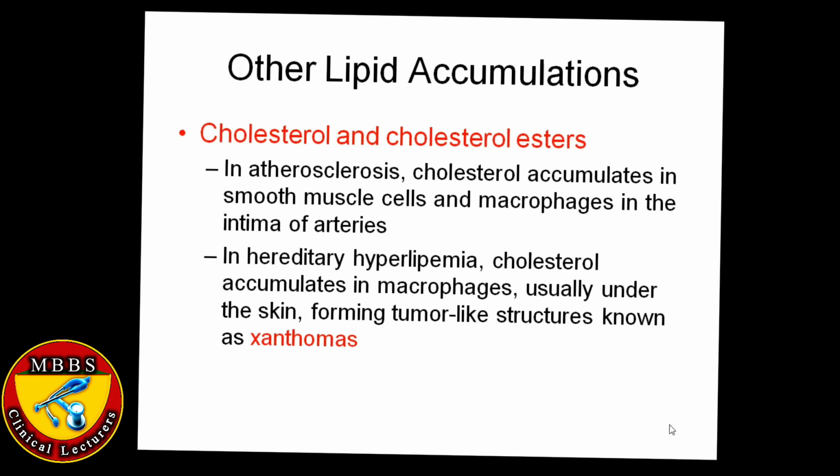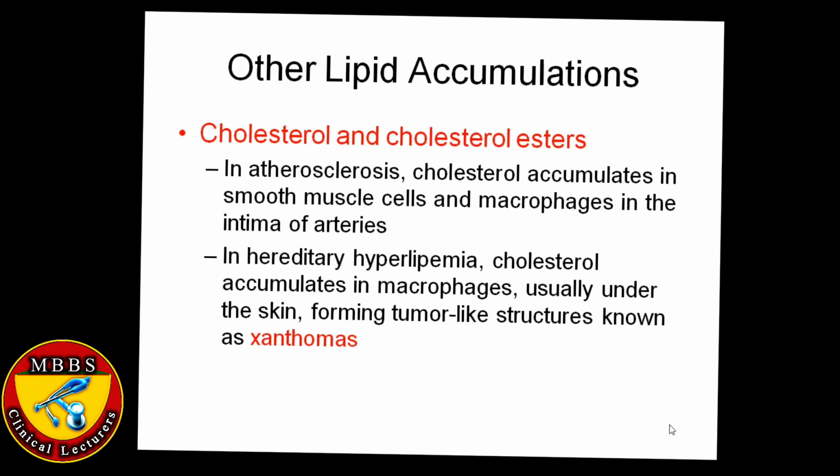Regarding other lipid accumulation, we should talk about cholesterol and cholesterol esters. Those people who are suffering from hyperlipidemia or having a high cholesterol level are more prone to developing atherosclerosis. This is the deposition of cholesterol inside the vessels, accumulating in the smooth muscle cells and macrophages in the intima of the artery.